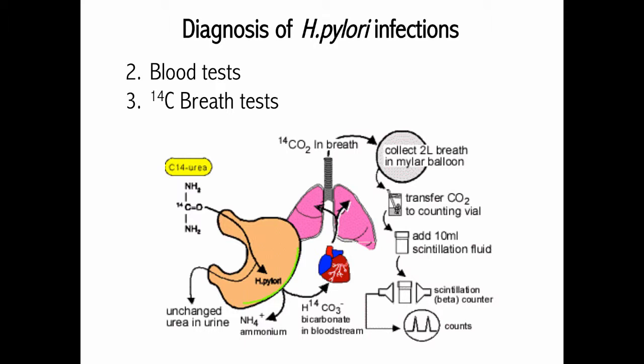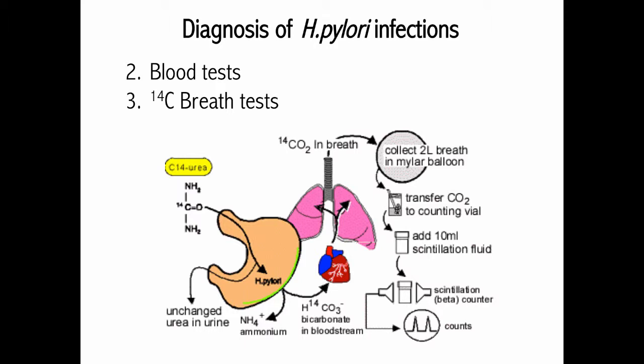Plus, 14 carbon is a very weak radioactive emitter, so there's not going to be a whole lot of damage to tissues due to taking in that 14 carbon. So if pylori is present in the stomach, then the radioactive urea that is taken in the little pill gets metabolized by the urease enzyme to radioactive bicarbonate, and then the ammonia.